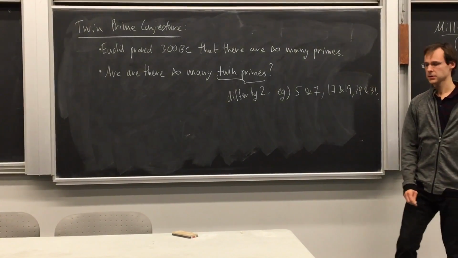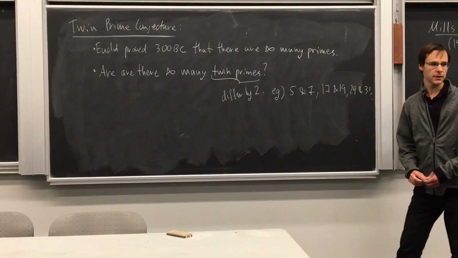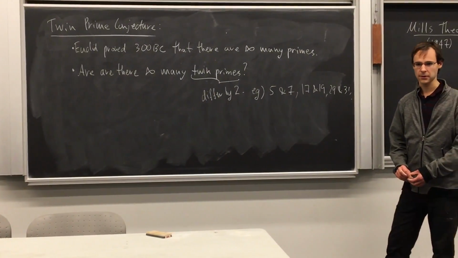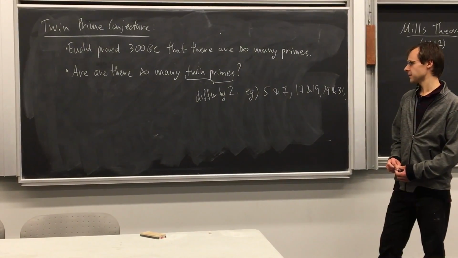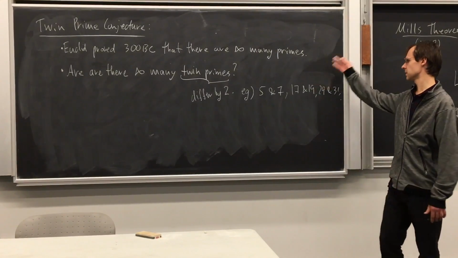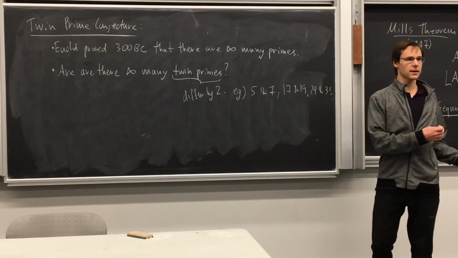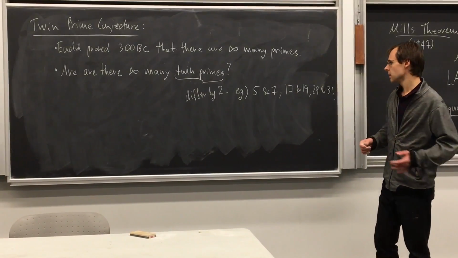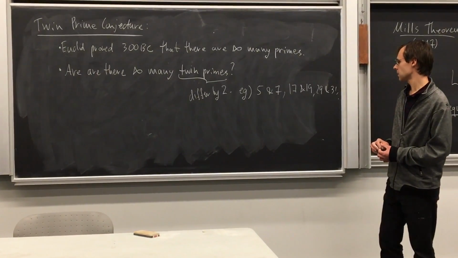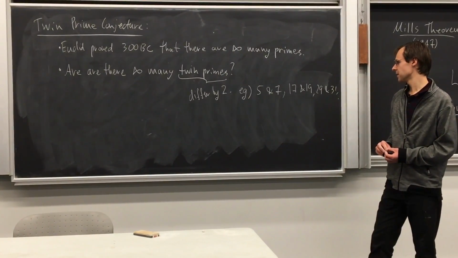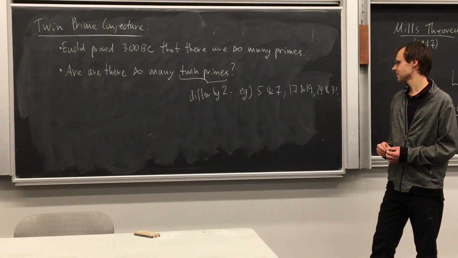There are many of these pairs when the numbers are small, they thin out pretty quickly as the numbers get large, but nobody knows whether there's infinitely many of them or not. Perhaps there is some final largest pair of twin primes, and then nothing else after that. It's not known. Nobody can prove that there's a largest pair, nobody can prove that there are infinitely many.